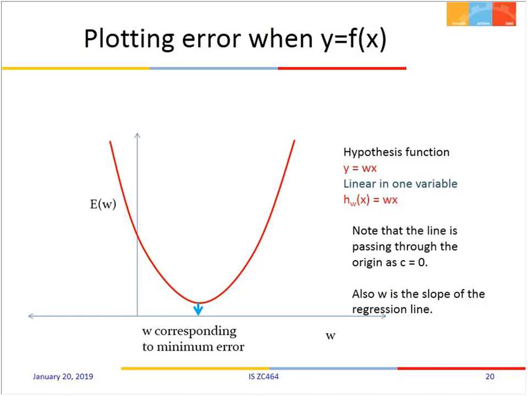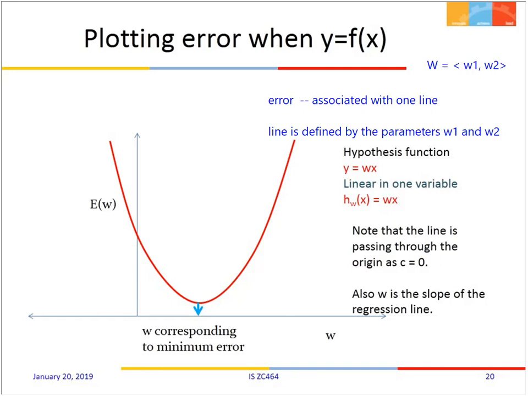I can call W1 as slope and W2 as intercept, or vice versa. So if I write vector, say W, as simply W1, W2, just defining these parameters of the line, then we can say that the error is a function of W.